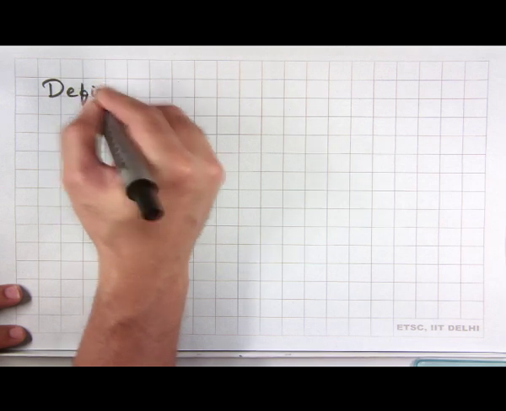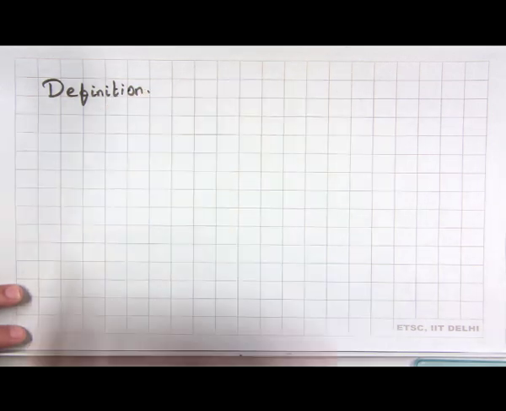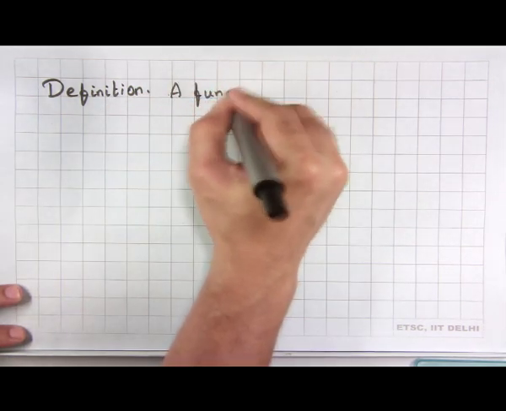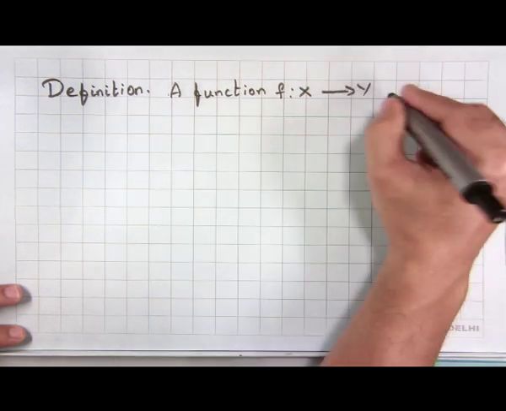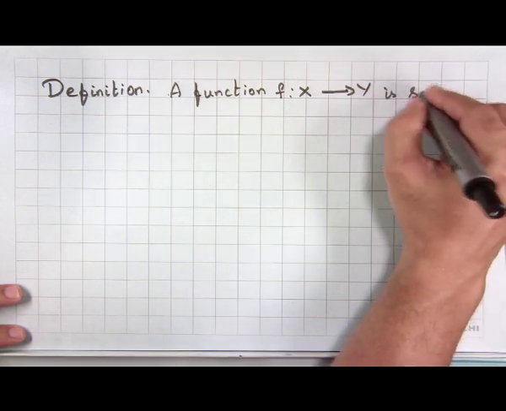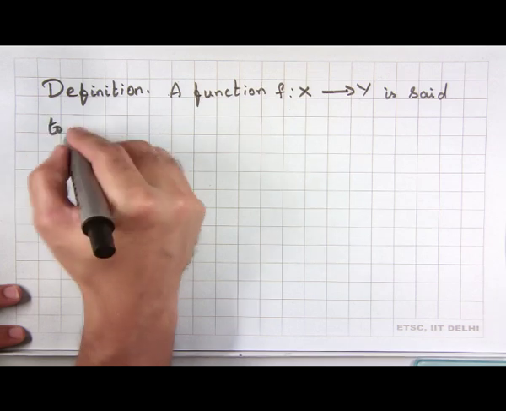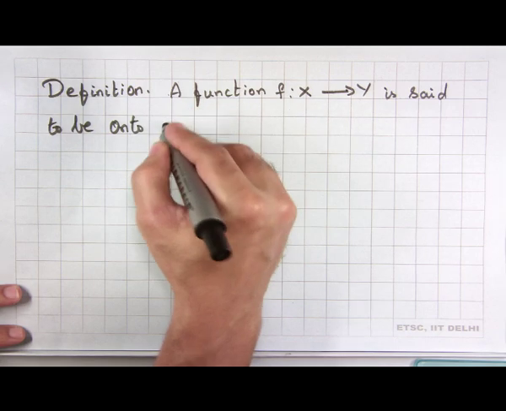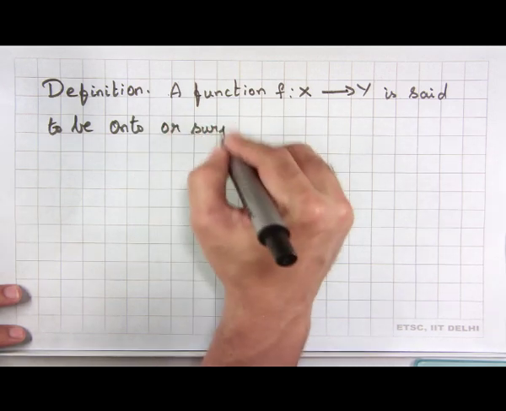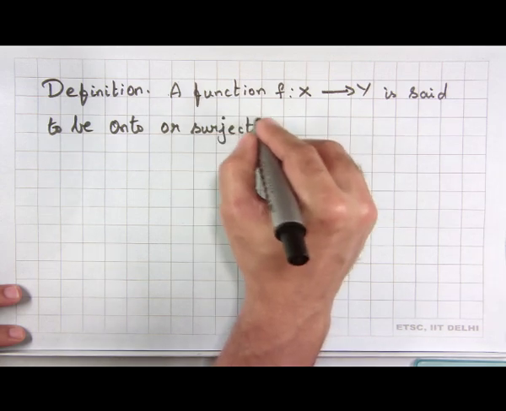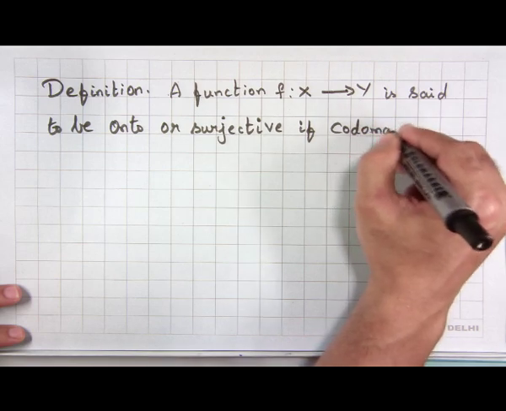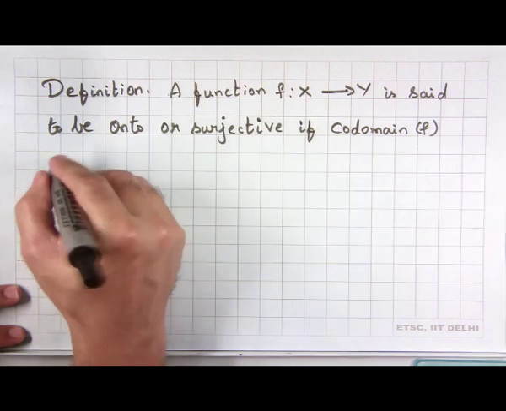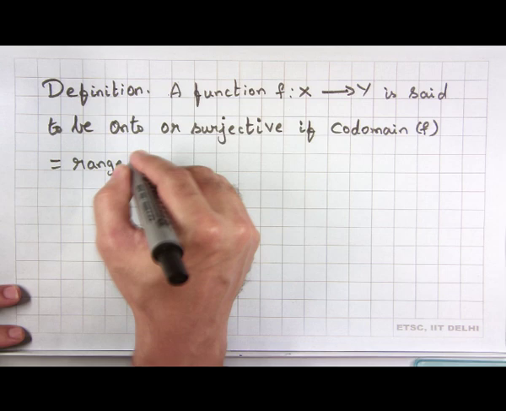Now, let us look at one more concept. A function f from X to Y is said to be onto or surjective if the codomain of f is equal to the range of f.